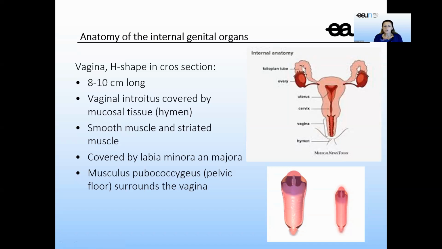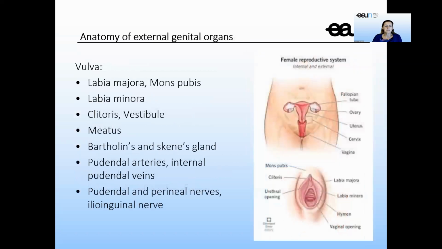So therefore you can squeeze a little bit with the muscles and contract the vagina. And with birth, the vagina has to get wider, so the pelvic muscles have to relax more. And the body can do that in a very good way most of the time.